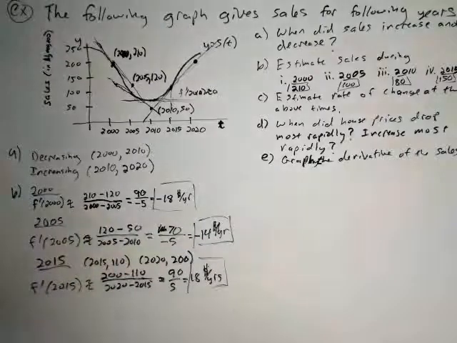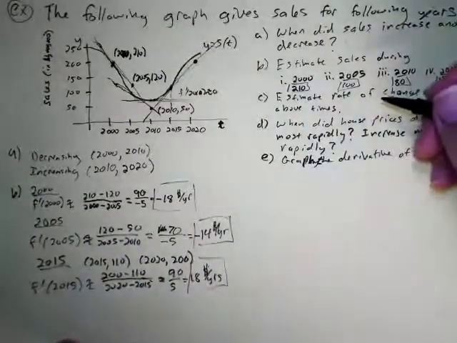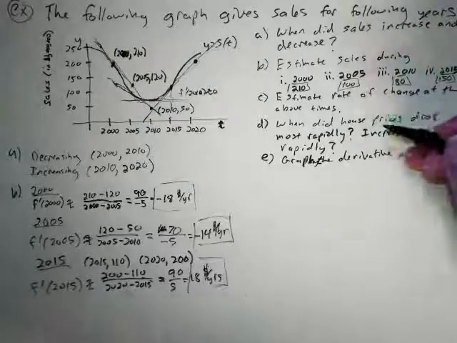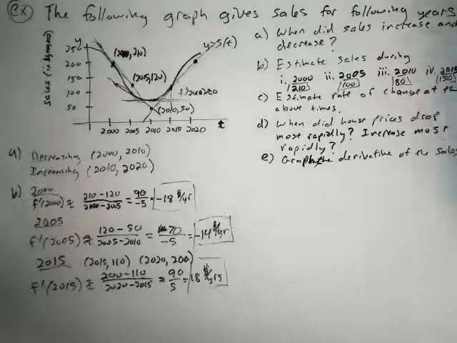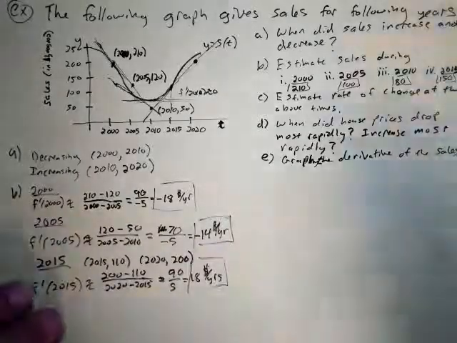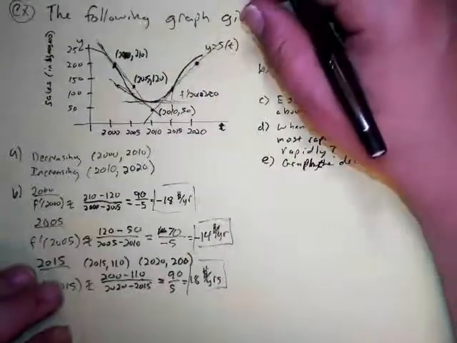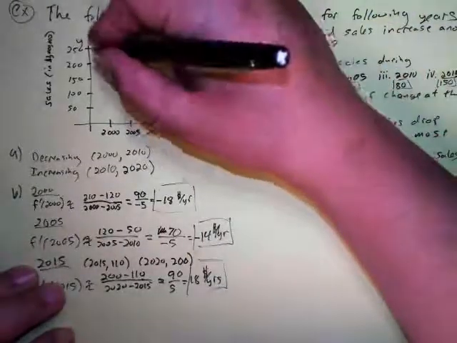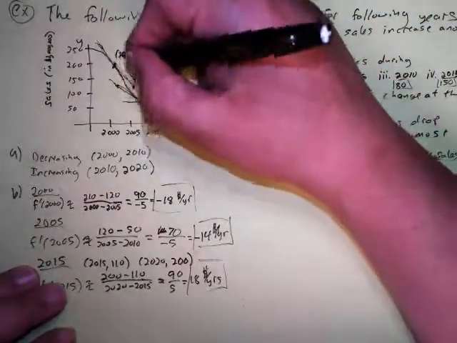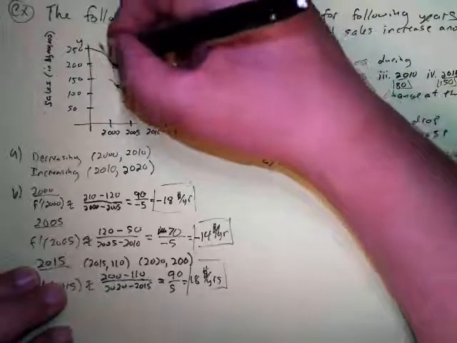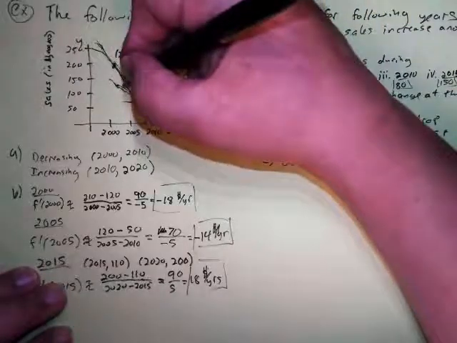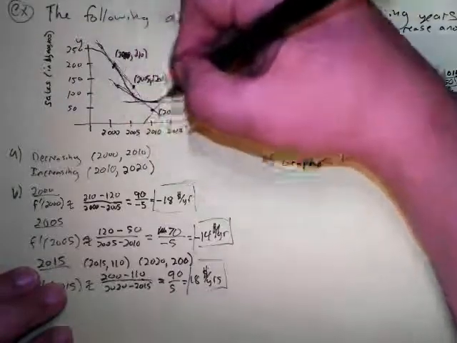Well, now this asks me, when did the house prices drop the most rapidly, and when did they increase the most rapidly? So what this is actually asking for is, this graph is concave down and then it changes to concave up. When it asks did it drop the most rapidly, when is this line the steepest before it starts becoming less steep?